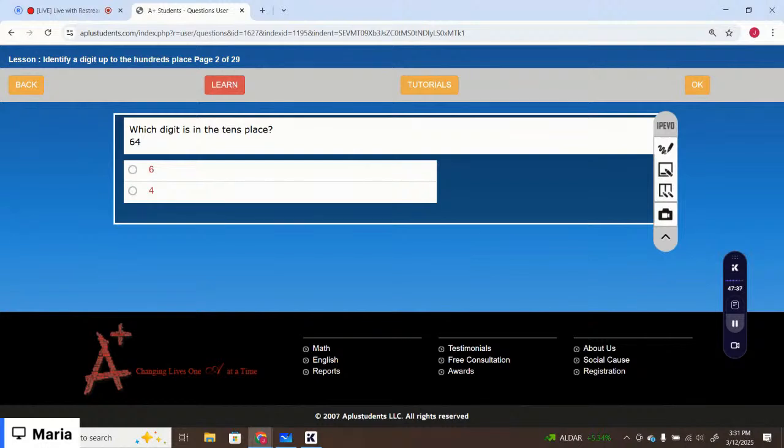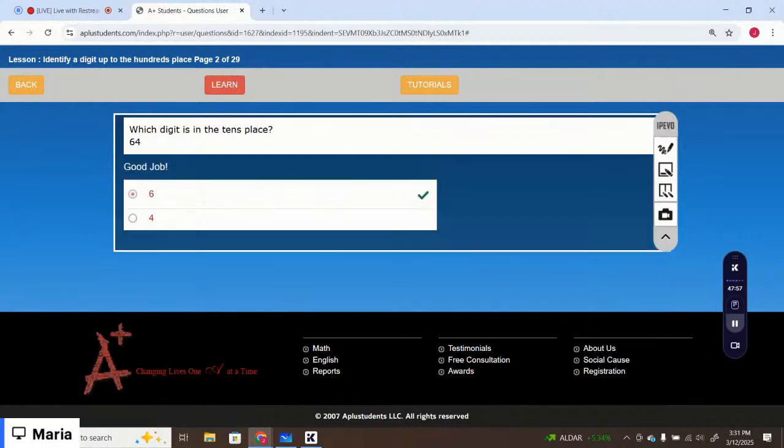Which digit is in the tens place? The digit that is at the tens place is 6. Option number one is the correct option.